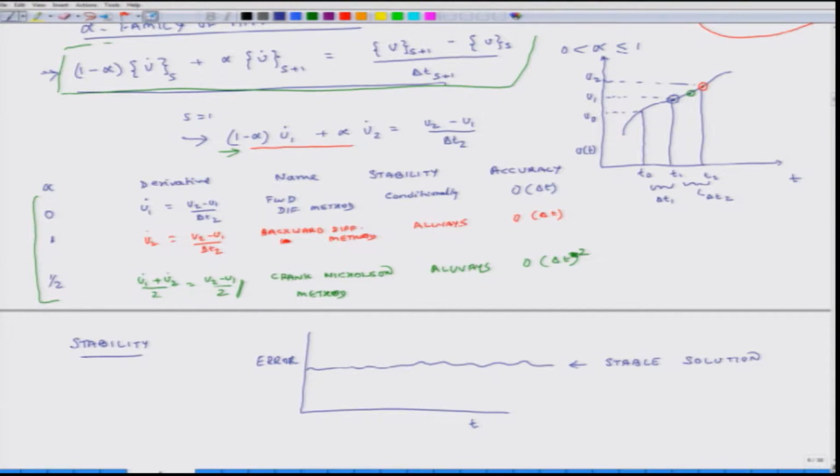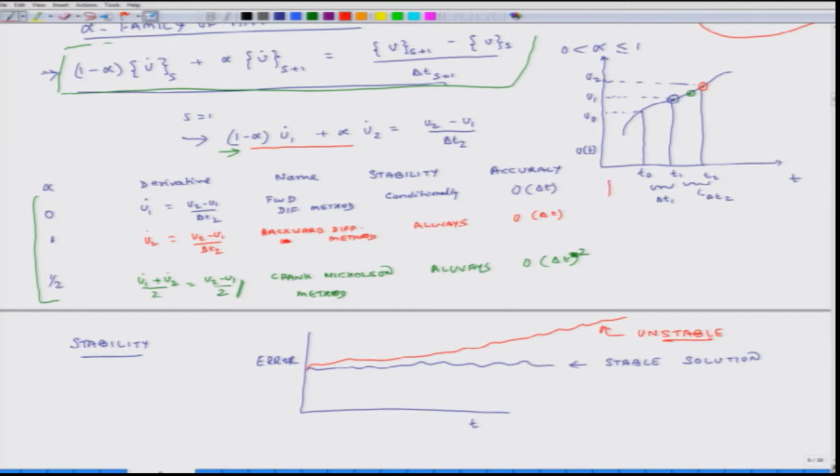But if the solution methodology is unstable, then the error may grow with time. As I move further down in time, my solutions may become totally inaccurate, they may become totally wrong. Here my solution is having some error, but that error is controlled. Okay. So, this solution is unstable. This is an unstable solution.